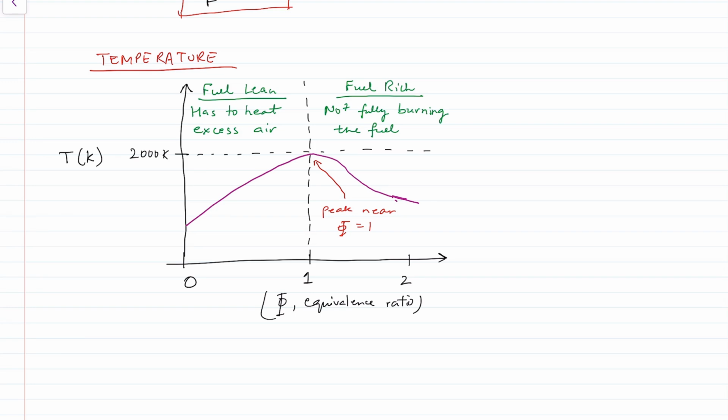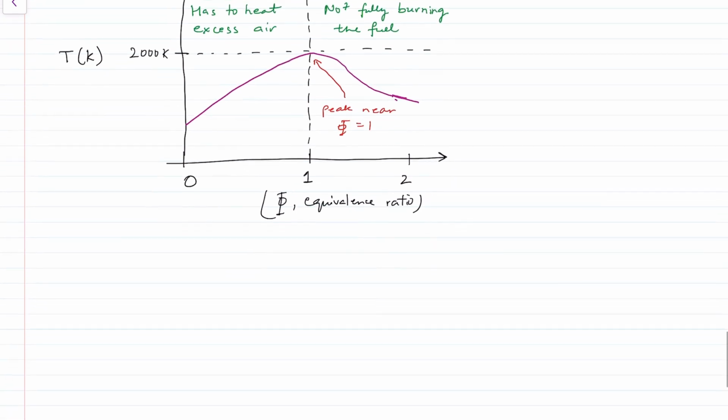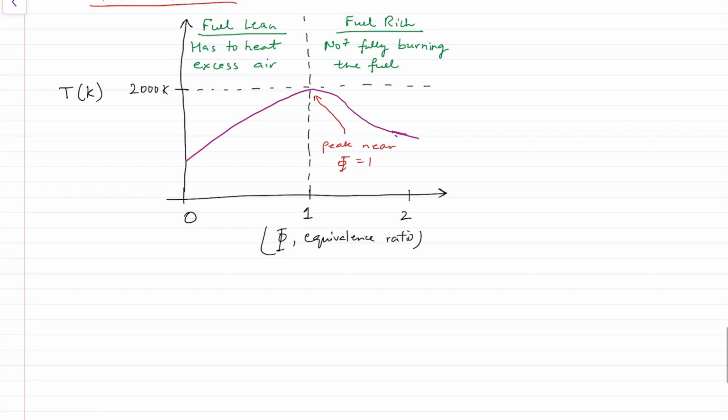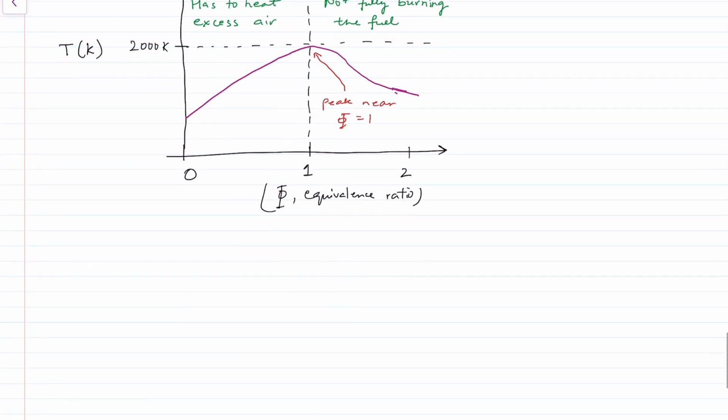For that reason as well, the temperature is lower than at an equivalence ratio of 1. And then, okay, let's draw another plot.